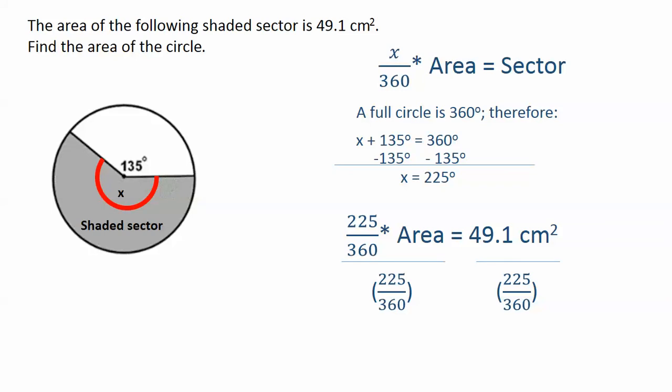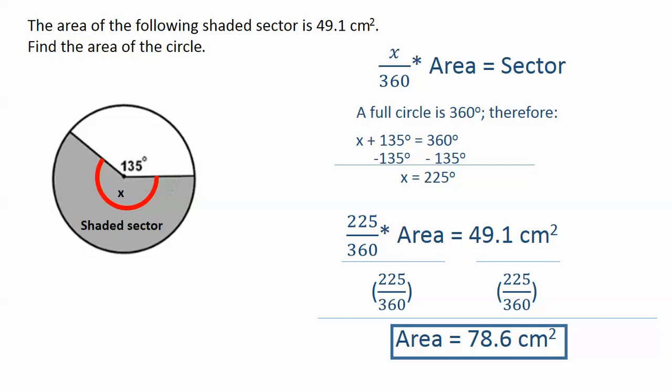Plugging this into my calculator, 49.1 divided by the fraction 225 over 360 means that my area will be 78.6 centimeters squared. Right? The area of my shaded sector was 49.1, so it makes sense that the area of the entire circle would be larger.